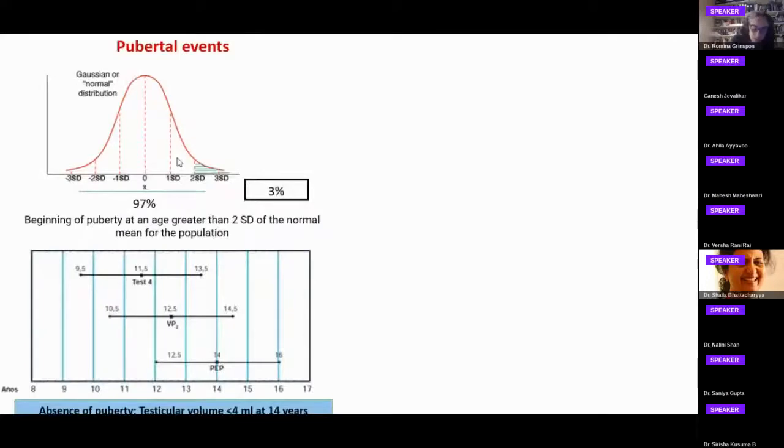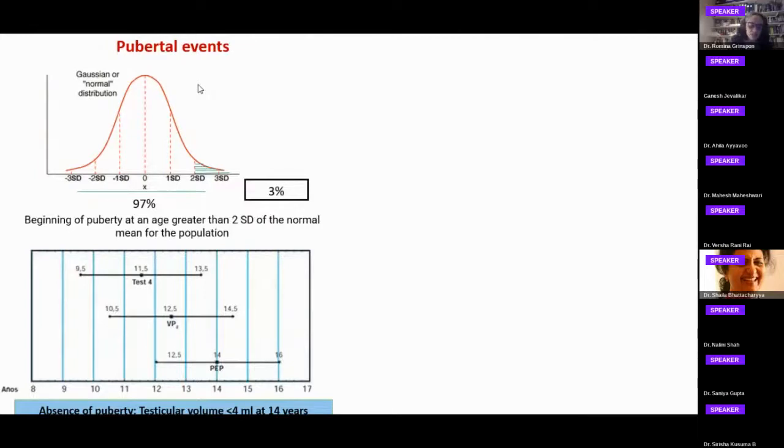We define pubertal delay as the start of puberty at an age greater than 2 standard deviation score from the mean of the population. If pubertal onset has a Gaussian distribution, then approximately 3% of normal boys will initiate puberty late.